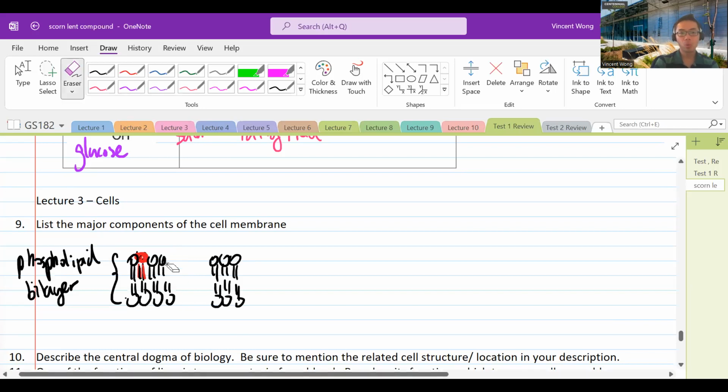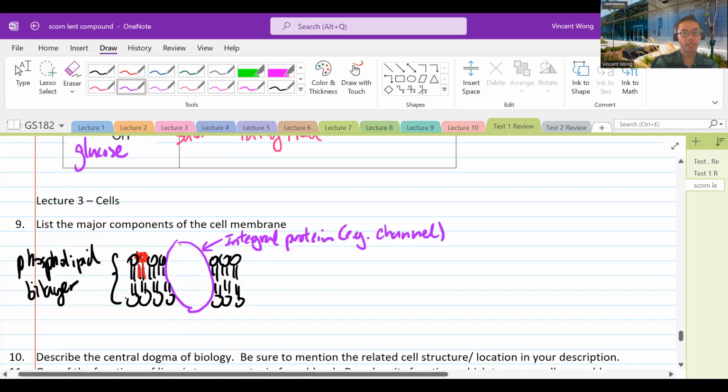And in between the phospholipid bilayer, every now and then you're going to maybe have a protein that goes through it, right? So that would be what we call an integral protein. An example of an integral protein would be a channel protein.